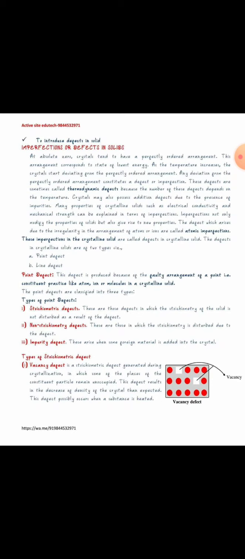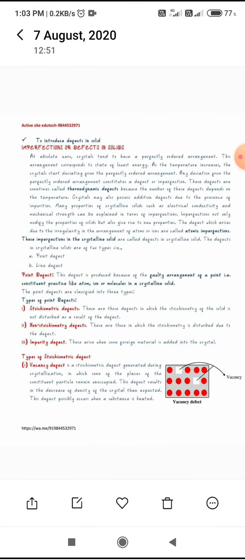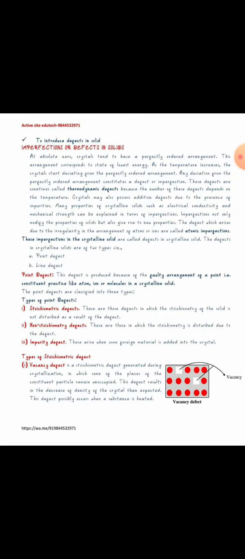So we can define imperfection or defect in a solid as the disturbance or the deviation from perfectly ordered arrangement of constituent particles in a crystalline solid is called imperfection or defect in the solid.